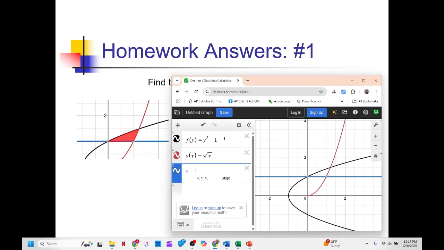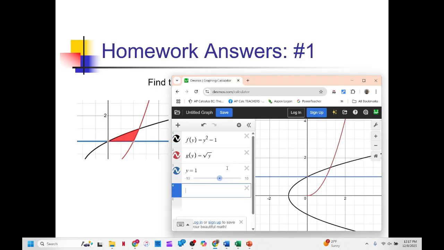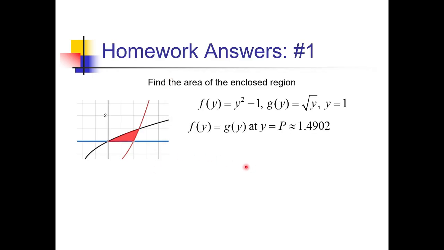Just clicking on either of those functions and clicking on this gray dot here, it looks like the y value where those are crossing happens at 1.490. So I'm going to copy that, and I'm going to paste that and call it a point. You can call it p or whatever else you want, but I'm going to store that value.